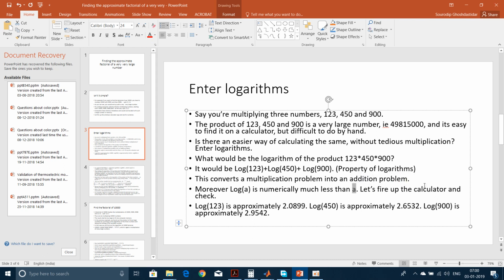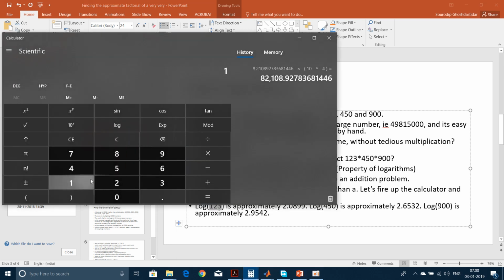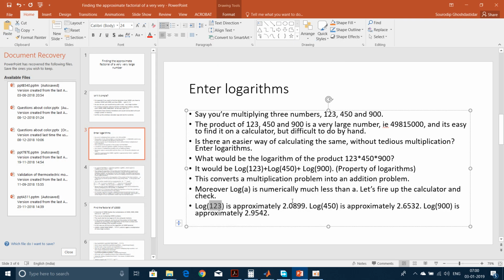So let's fire up the calculator app and check. For example, log 123. 123 is a three-digit number. So let's find out what log 123 is. It's 2.0899, which is just a single-digit number with a lot of points after the decimal.